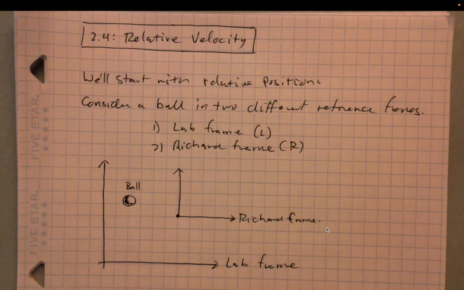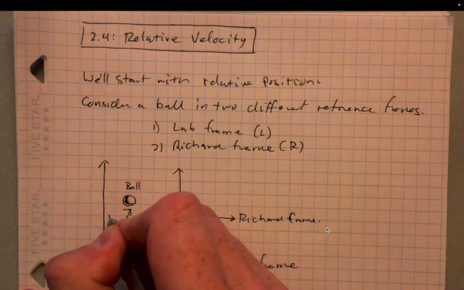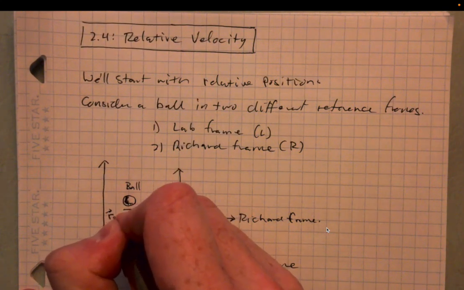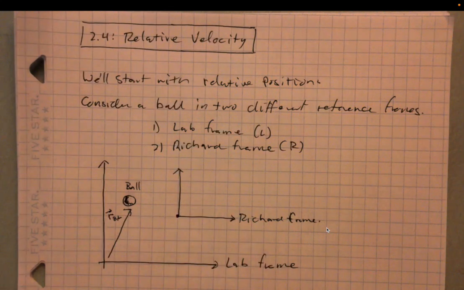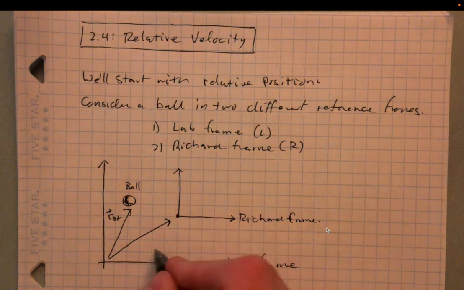Right, and now we can draw in the position vectors for these two. So the first one we'll put like this. We'll denote it as R, position of the ball relative to the lab. So we'll use R, B, L subscript. So that's the position of the ball in the lab frame. Now we can also draw in a position of Richard in the lab frame, right? That's just going to be another vector.